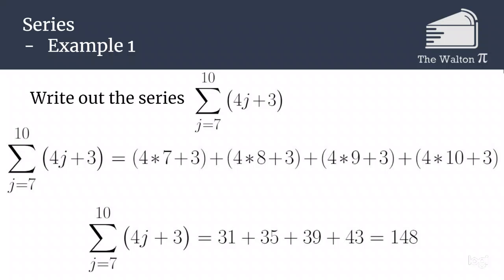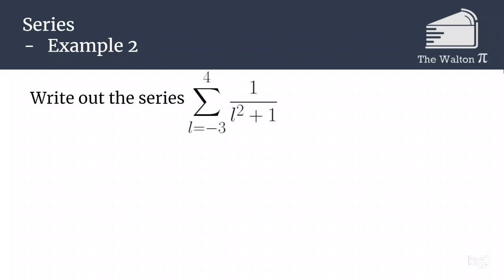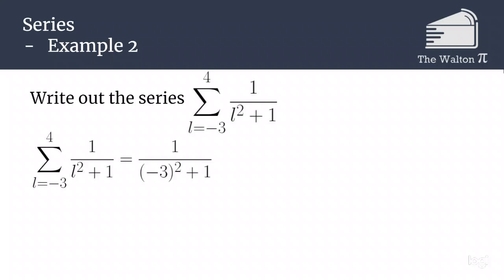Let's go through one more example. Write out the series, the sum from l equals negative 3 to 4 of 1 over l squared plus 1. Well, we start out with this, and we start with the first term. So we are going to start when l is negative 3. That's 1 over negative 3 squared plus 1, but negative 3 is not yet 4, so we add the next term.